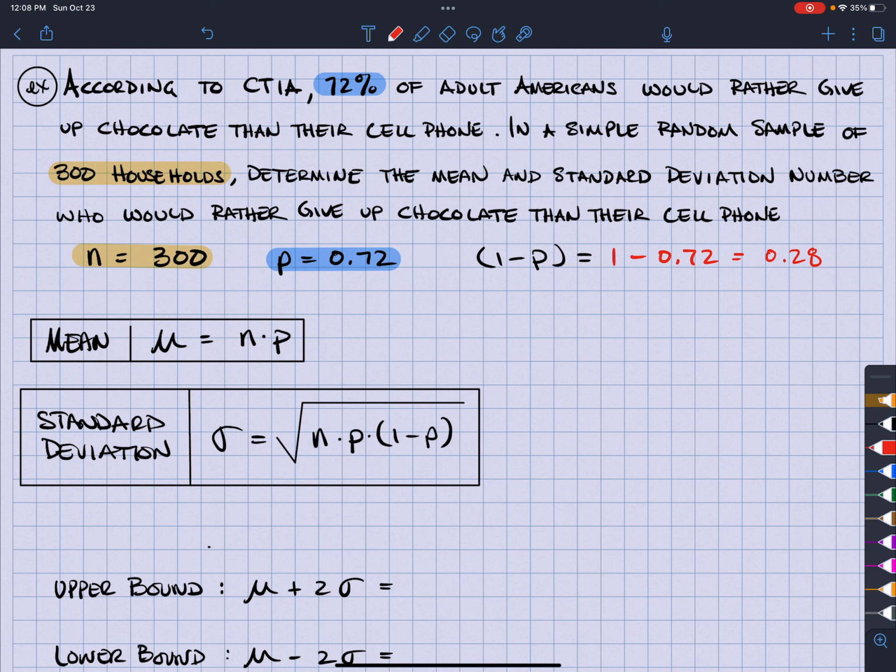Because I need that in my standard deviation. The formula for the mean is N times P, the number of trials times the probability of success. So my mean is going to equal 300 times 0.72, which equals 216 households.